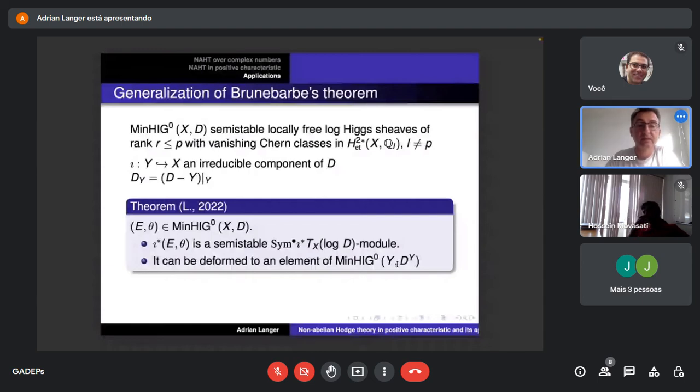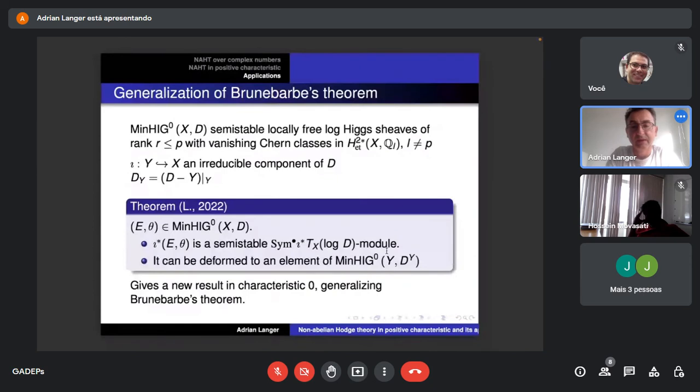If you have a semi-stable locally free logarithmic, or essentially semi-stable logarithmic Higgs vector bundle with vanishing Chern classes, then the restriction to any irreducible component of your divisor is semi-stable as a module over the symmetric algebra of the restriction of the logarithmic tangent bundle.